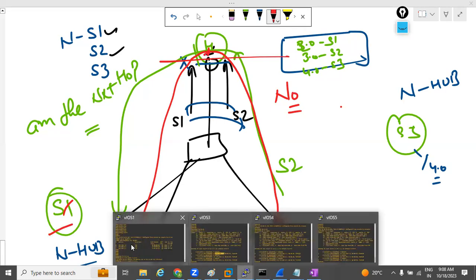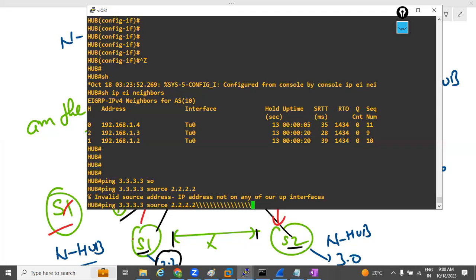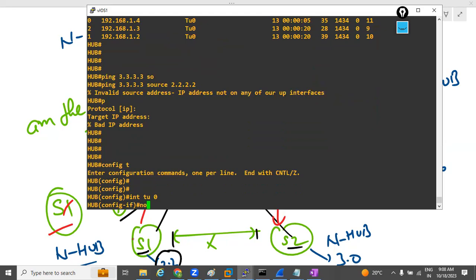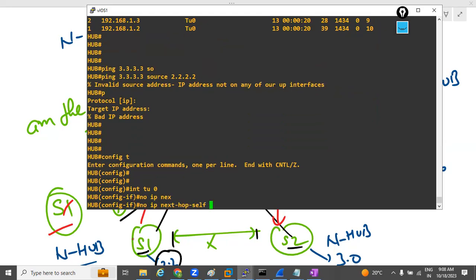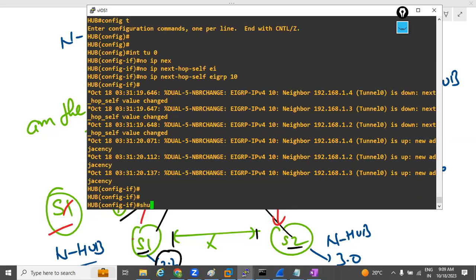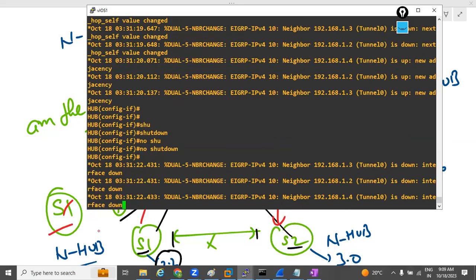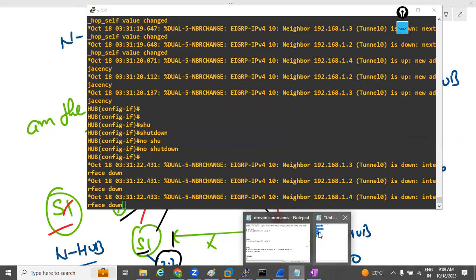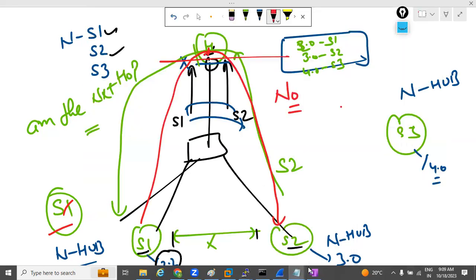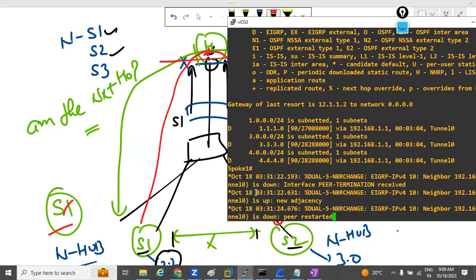So on hub, what I'm going to do here, interface tunnel 0, no IP next hop self EIGRP, because always I'm defining next hop as myself. Feature disabled, make it shut, make it no shut. And now the same command is needed on other devices, which is on spoke 1.